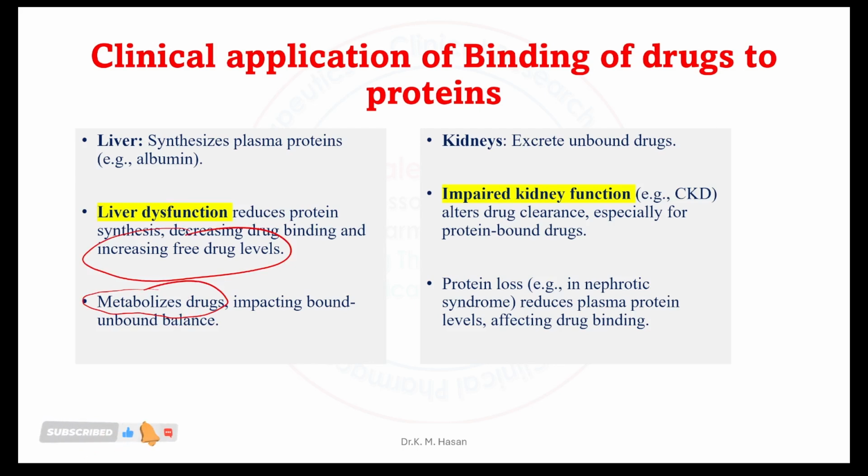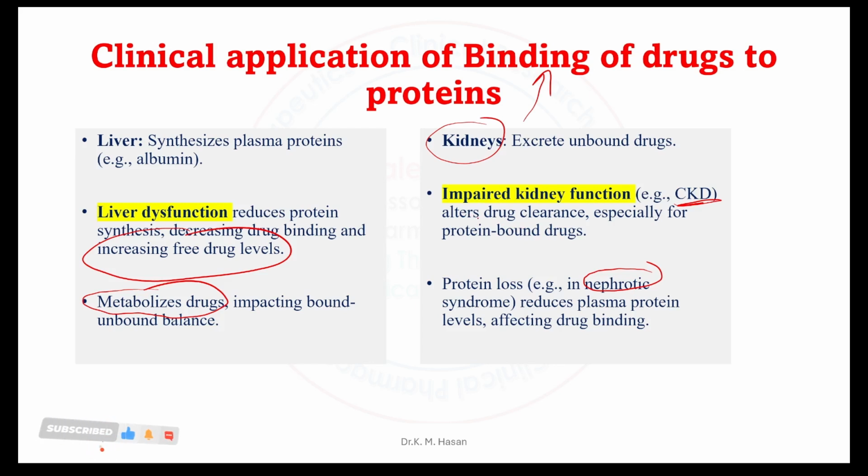Moving to the other part, the other organ that affects protein binding is the kidneys. For example, if the patient suffers from nephrotic syndrome or CKD, the patient is unable to eliminate the protein.